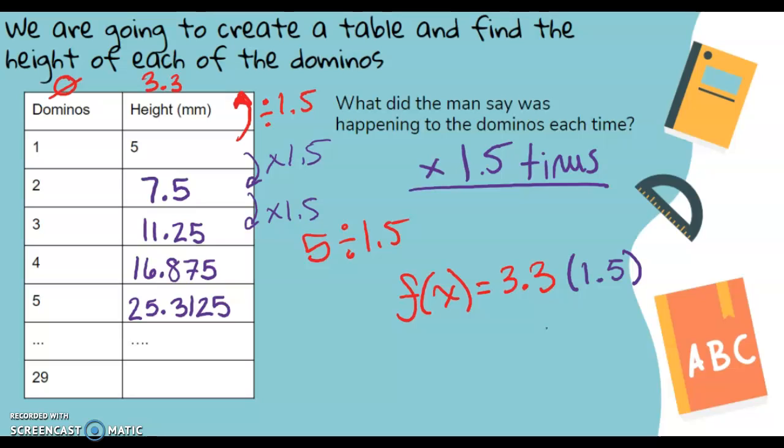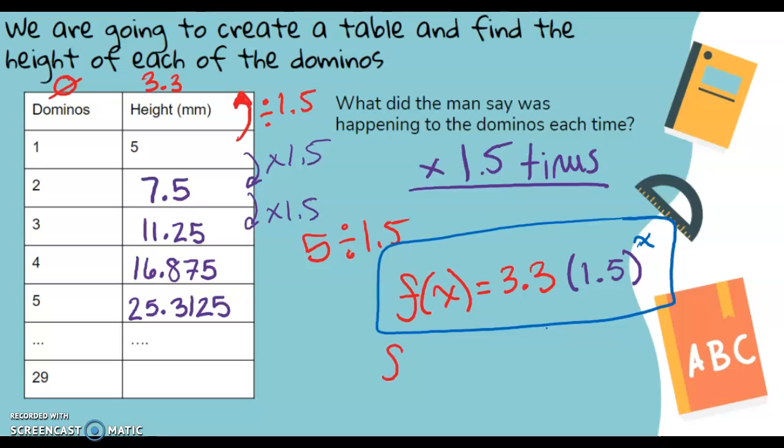And since this is going to be a curved line, because we're multiplying instead of adding or subtracting, we put x in the exponent. So this is my function: my original height of no dominoes multiplied by how much it's increasing, and x is whatever number of dominoes there's going to be.